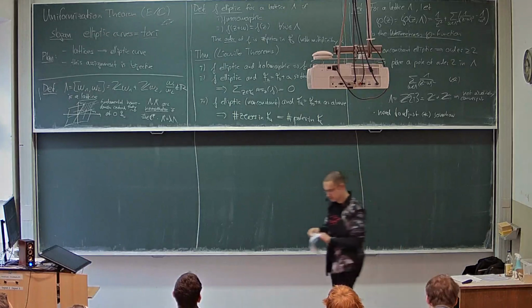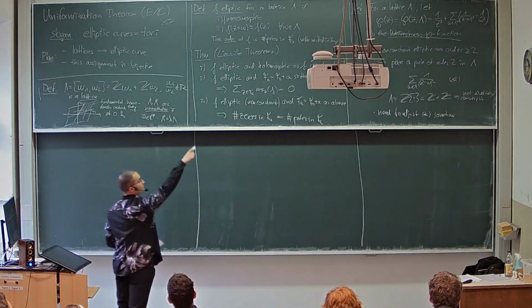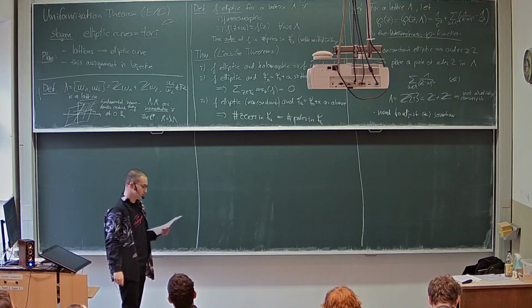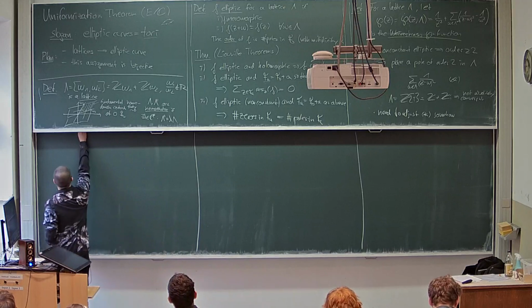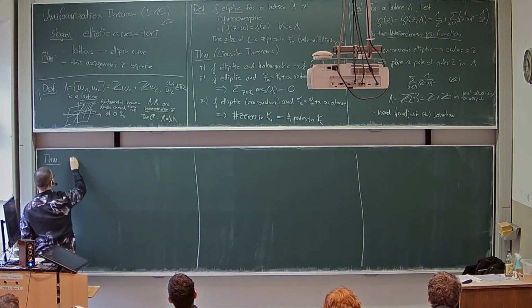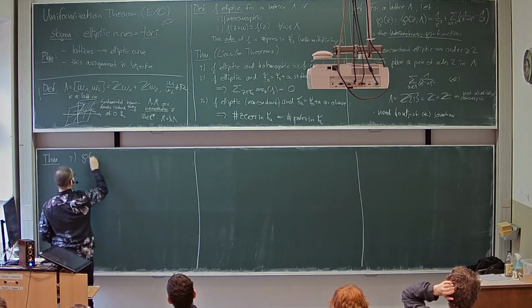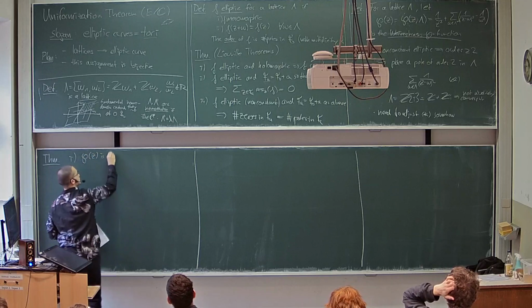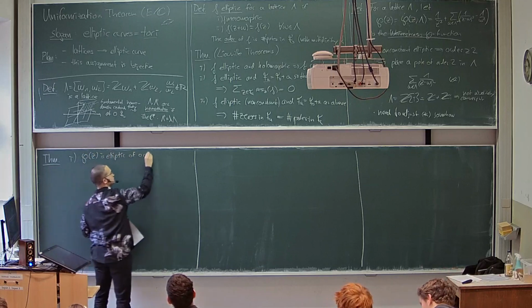Okay, then let's prove that this thing above actually satisfies what we need. So, first theorem: the Weierstrass P function is elliptic of order 2.